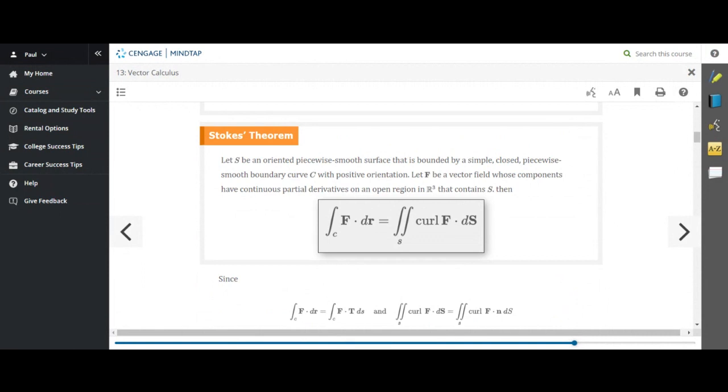Stokes' theorem was named after the Irish mathematical physicist Sir George Stokes. He lived from 1819 to 1903. He lived to be 84 years old, which was pretty good back then. He was a professor at Cambridge University and was especially noted for studies of fluid flow and light.